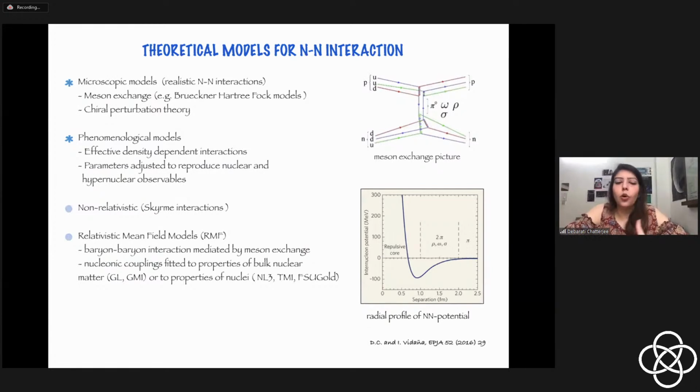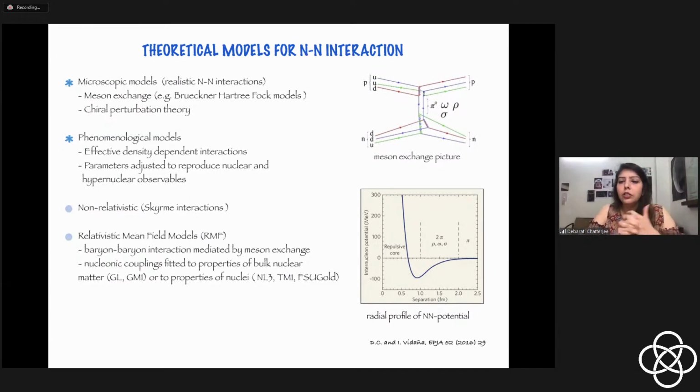One is called a microscopic model, which means that in this case, these nucleon-nucleon interactions are calculated with the help of some underlying vacuum physics, and then two body forces are taken into account, and then three body forces are added onto it, and so on, because we don't know how a large number of nucleons interact among themselves.